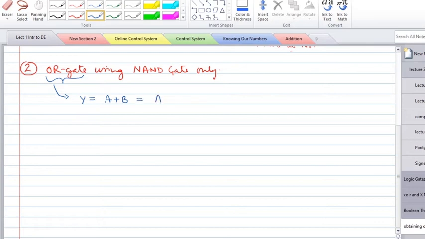You can also write it like this, A plus B bar with additional bar.